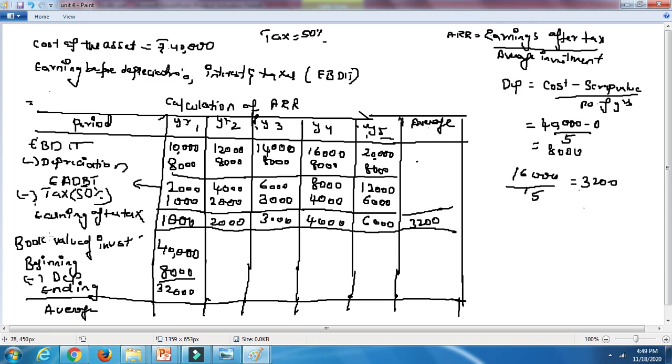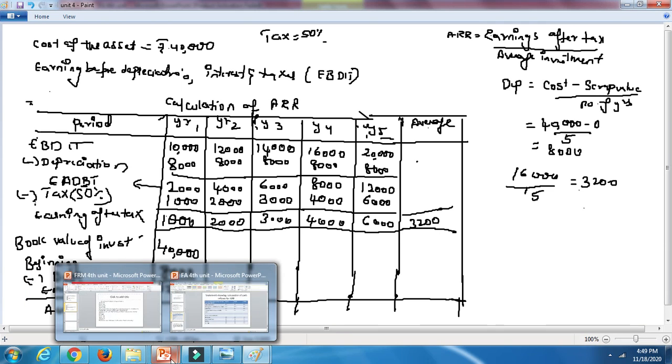So 32,000 we got, right? That will be the beginning for the next year. This is very important, guys. Remember, listen to this very carefully. This is nothing but the book value of investment we are calculating. You need to take first the cost of the asset 40,000 less depreciation. Depreciation already we have, 8,000. Why am I doing this? Because that is the format.